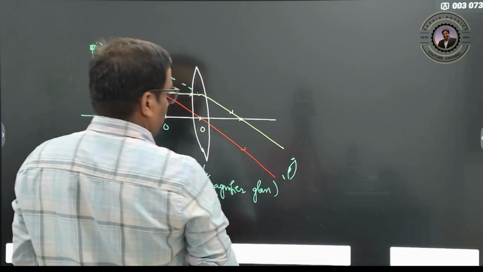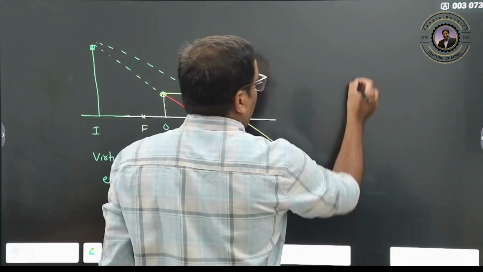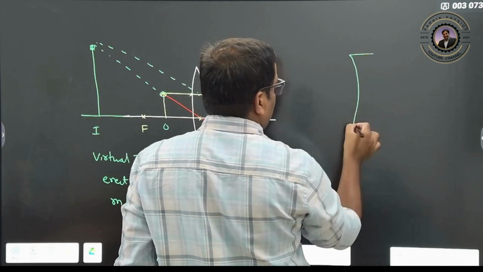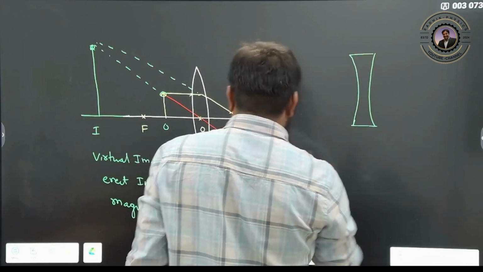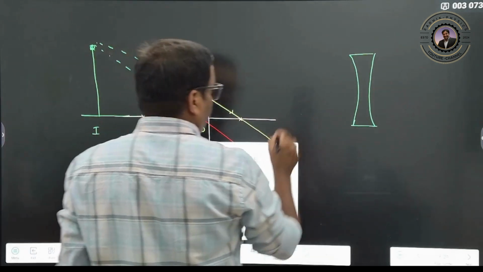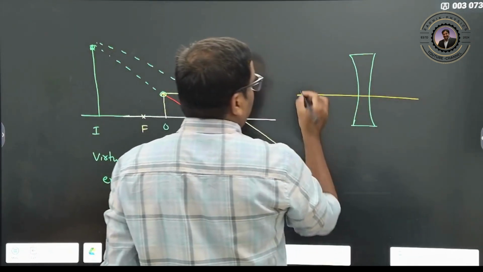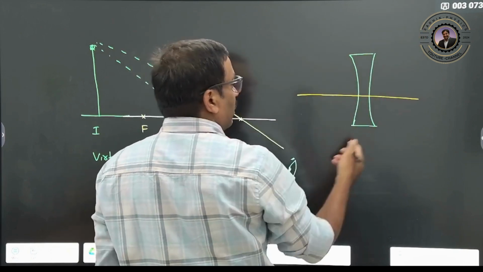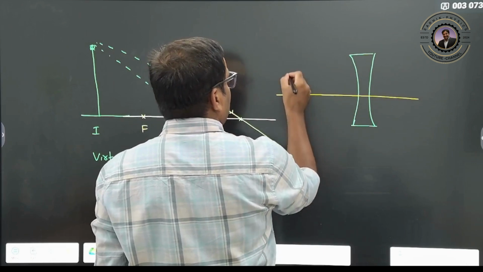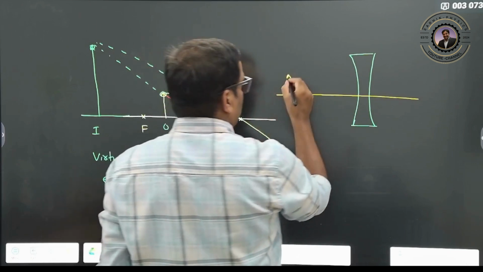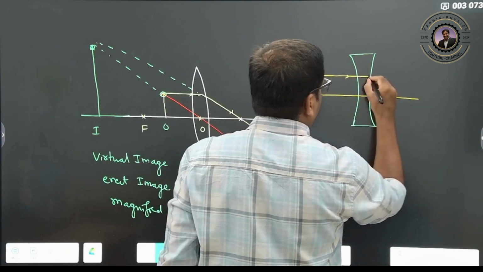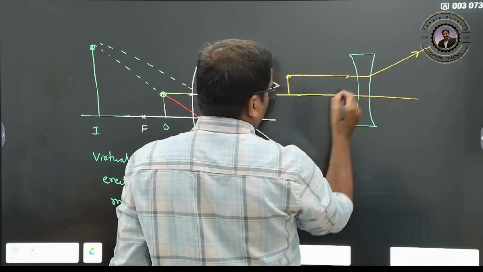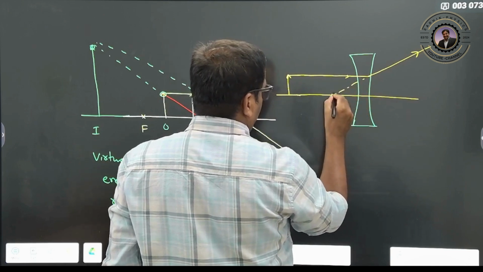Now these are the ray diagrams for the converging lens, but for a diverging mirror or diverging lens, if light rays are coming parallel to the principal axis, you have already drawn this. If you keep the object at any position, it does not matter. The light rays will come and get diverged, so they appear to be coming from here.